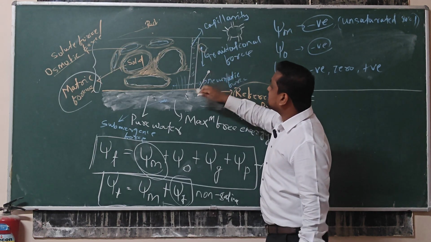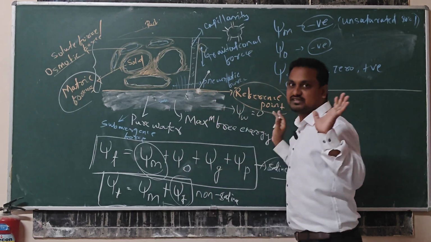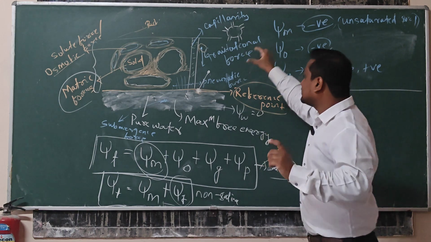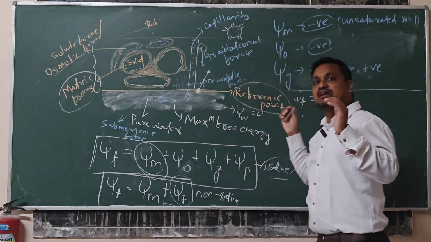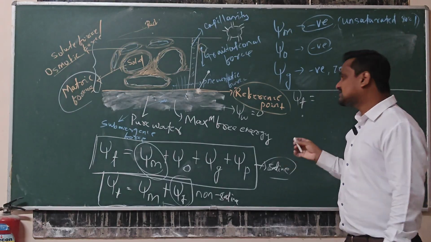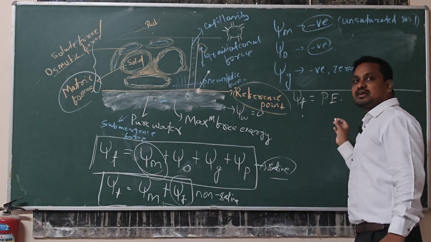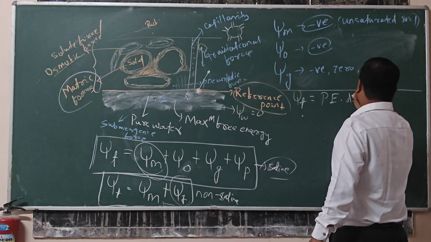Taking the water from here, the energy difference is known as your total water potential. The total amount of work done that we have done is called the total water potential. Very simple. And I can also say the potential energy difference.